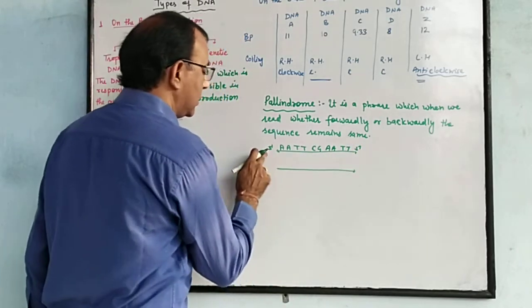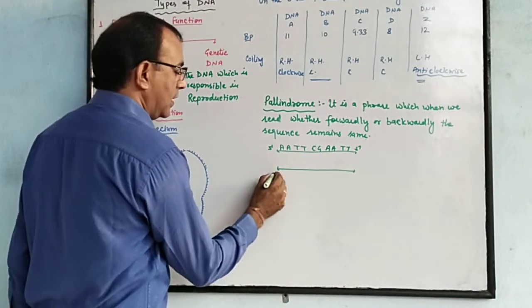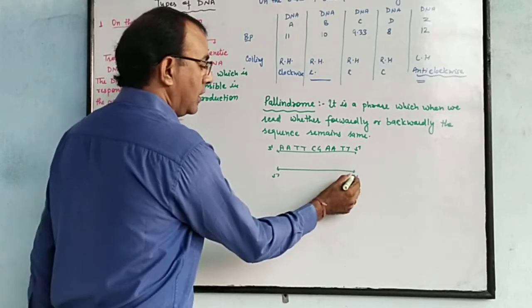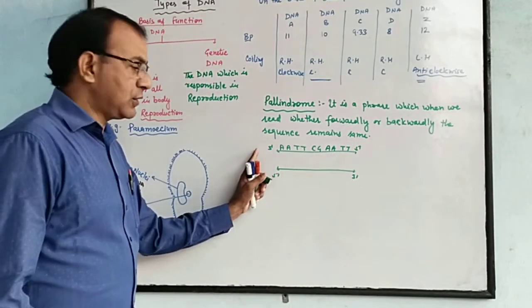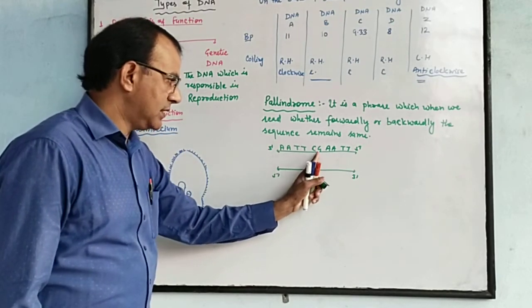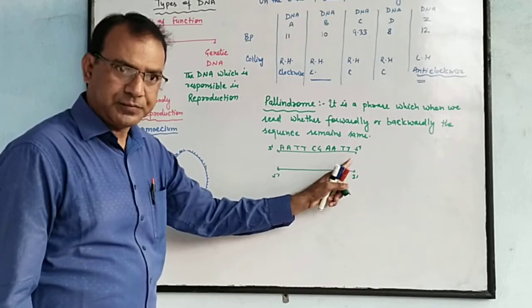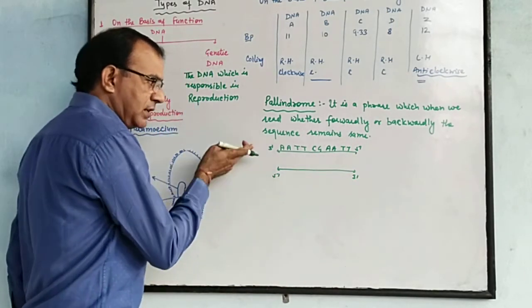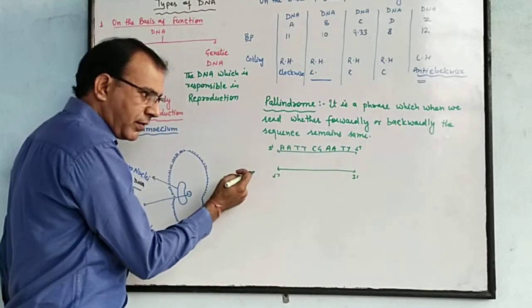And this is the other strand. This is the 5 prime, and this one is 3 prime. As we read this code from 3 prime to 5 prime, AATT, CG, AATT, then we read the same sequence from 3 prime to 5 prime. This is the forward link and this one is the backward link.